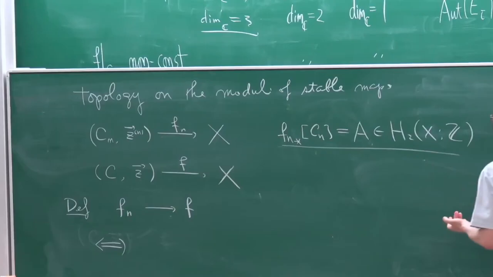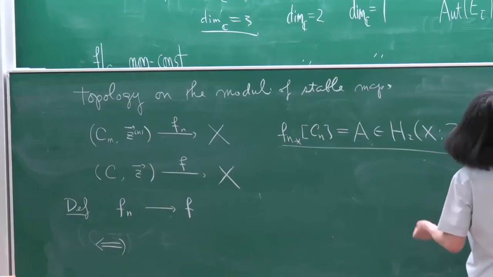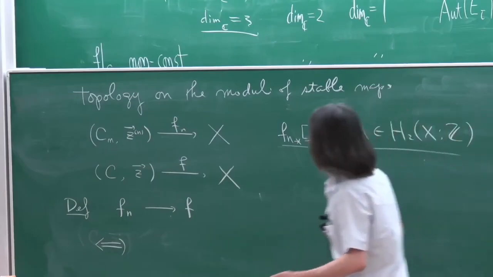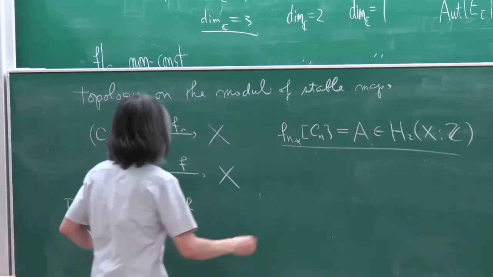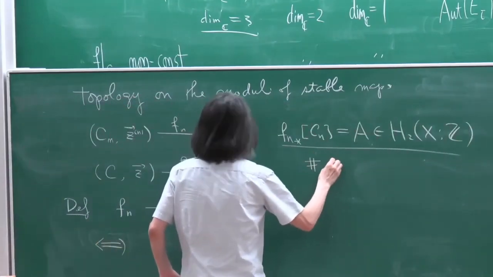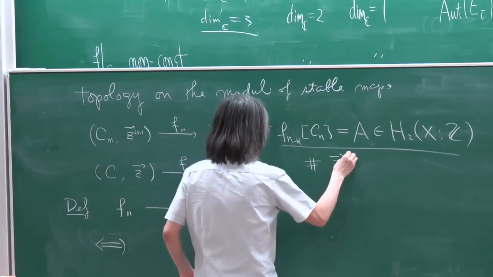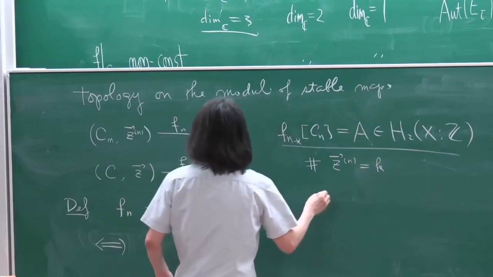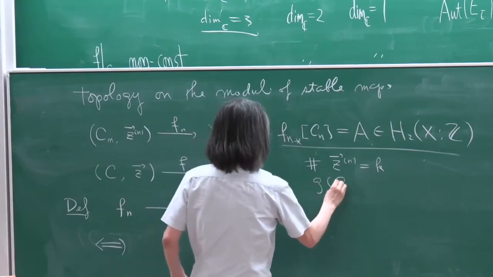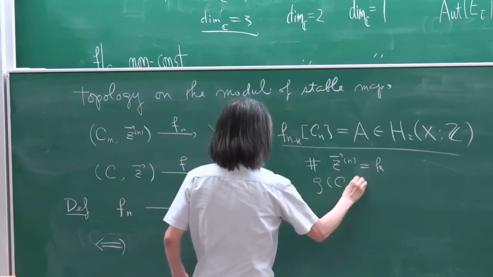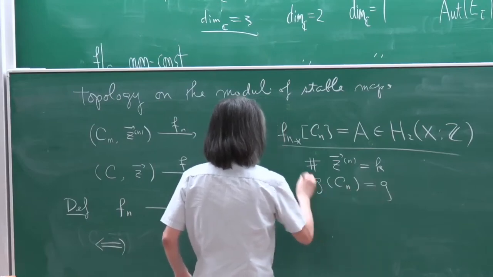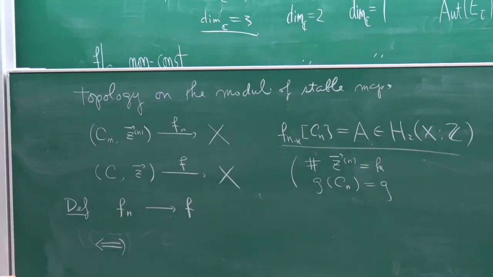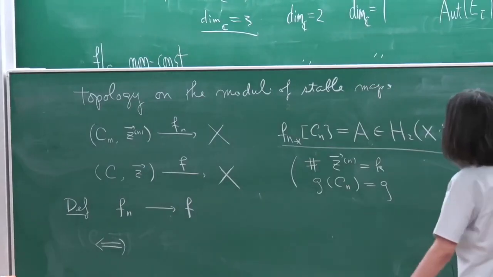So roughly the following thing. Here the number of mark points is always k. And the genus of Cn is equal to g. So this is the genus of a stable curve. But anyway, then the following thing.